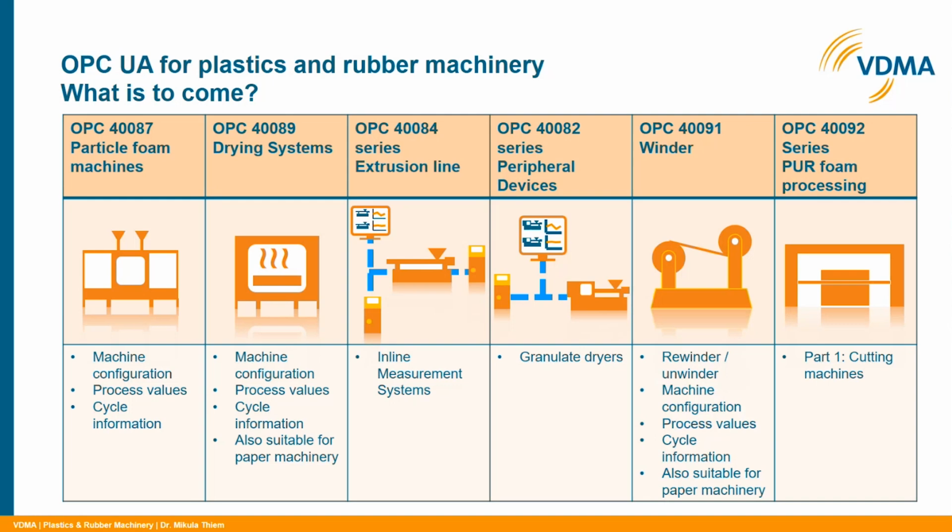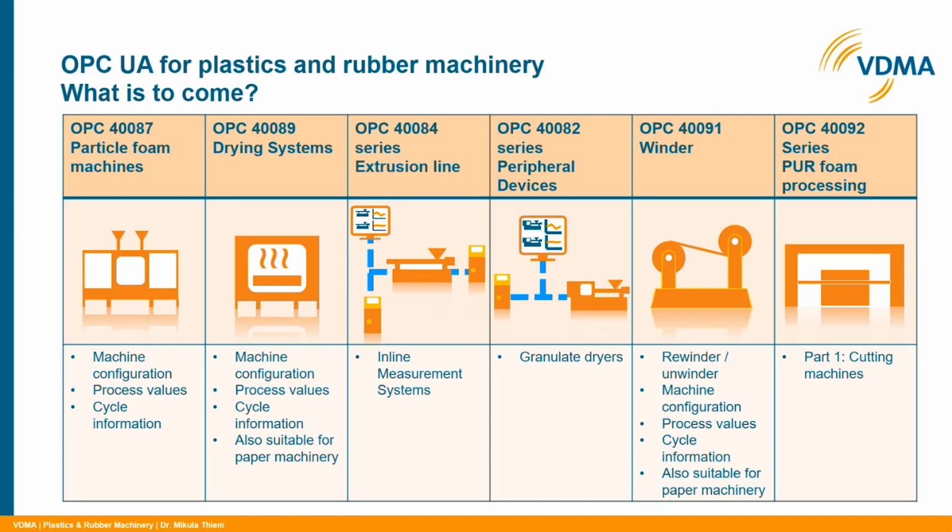Then we have the 40091 specification, where we're working on winding systems, for rewinders and unwinders. This is used for winders for plastic films and tubes, but could also be used on paper machines, for example, because printed paper is often also wound on rolls.